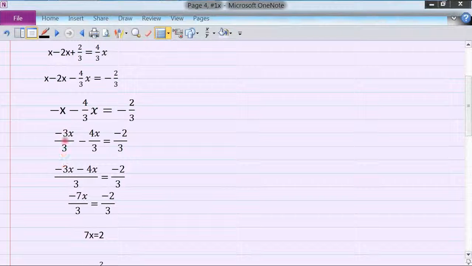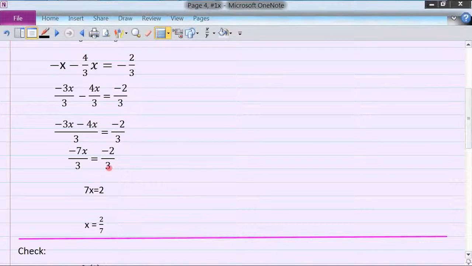So I've got this right here. And what I can do is combine these two terms here, minus 3x minus 4x over 3, and this over 3. So the bottom right over here, the minus 3x and the minus 4x becomes minus 7x, and this becomes minus 2.